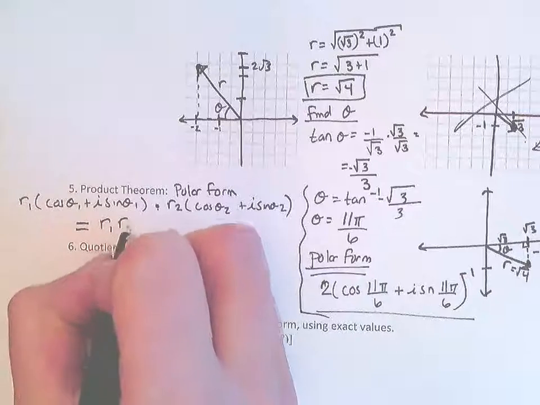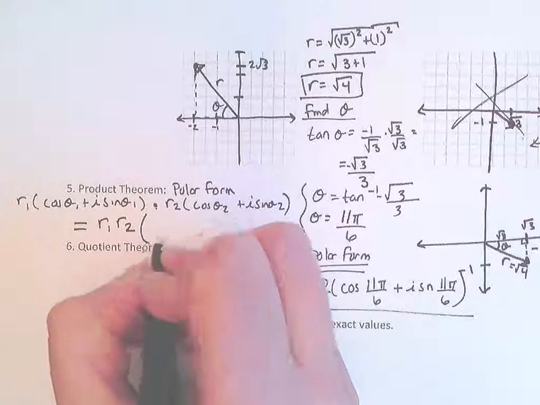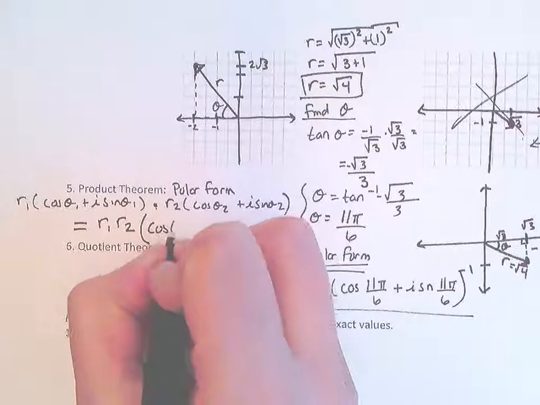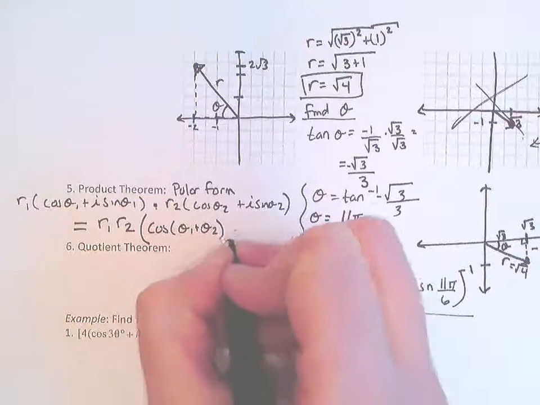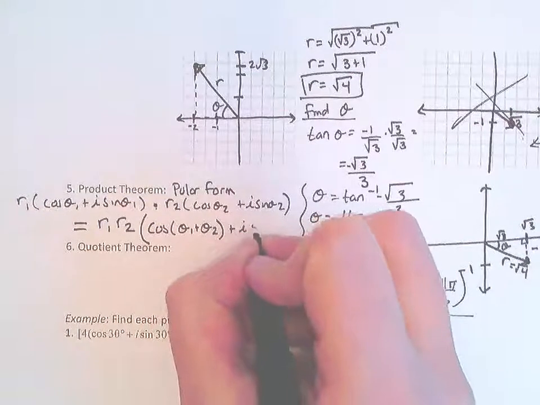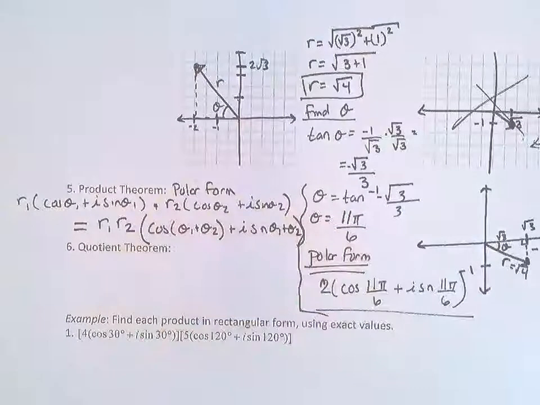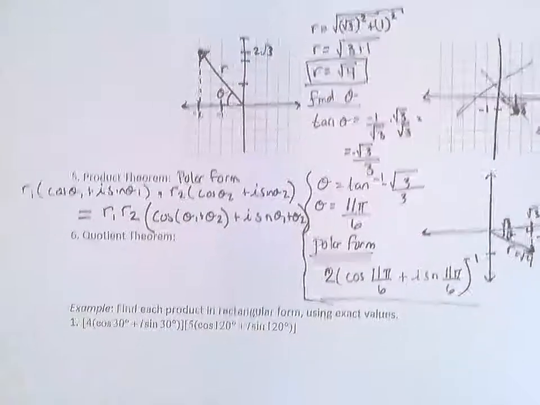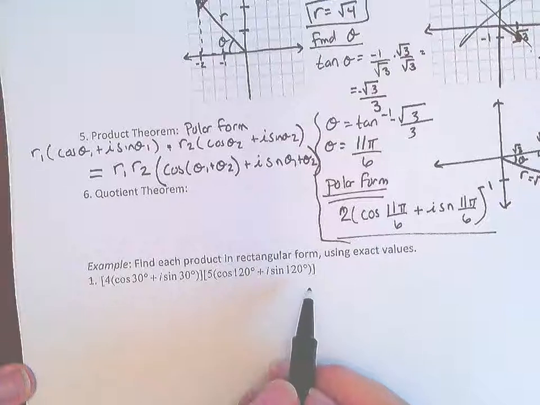Basically, the r1 and the r2 get multiplied together. And then inside here, you have the cosine of theta 1 plus theta 2 plus I sine of theta 1 plus theta 2. Okay? So before we do the quotient theorem, I'm going to show you guys what that means.